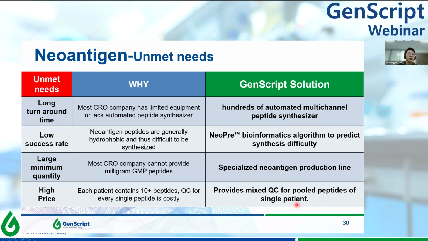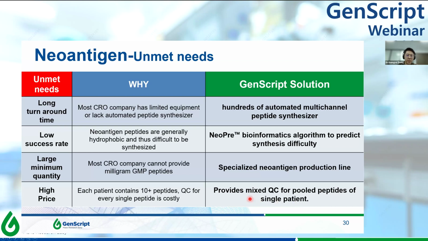So for the neoantigen, one patient may be loaded with like 15 or 20 peptides at one time. If you want to do the QC items one by one, like appearance, purity, impurity, TFA content, and so on, you will spend much more money than you think on QC testing.